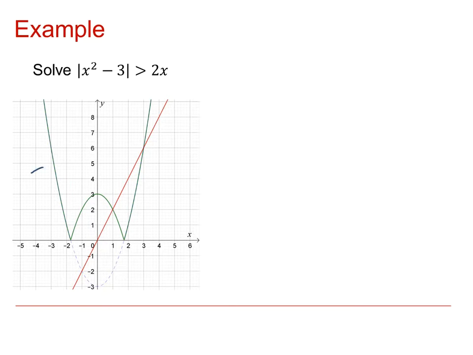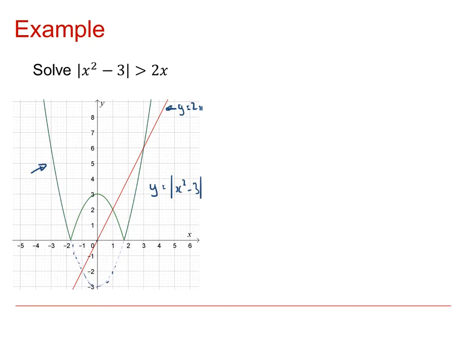The graph here shows x squared minus 3, and the portion which is below the axis has been reflected, so that the green solid line is our graph of y equals the modulus of x squared minus 3. The other graph, the red line, is the line y equals 2x. That's just a straight line through the origin, gradient 2.